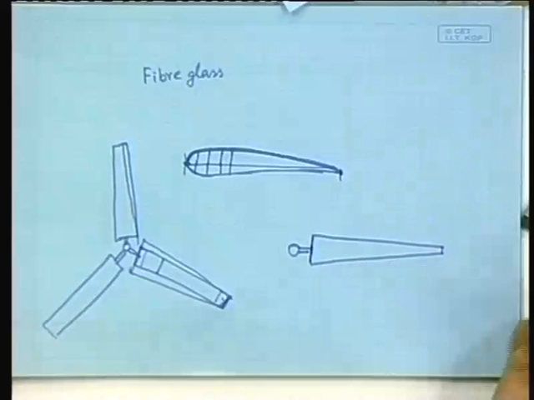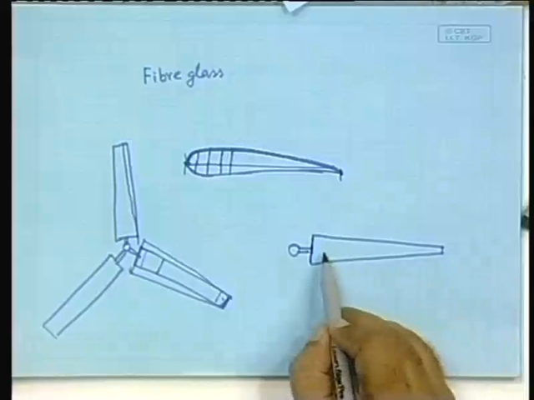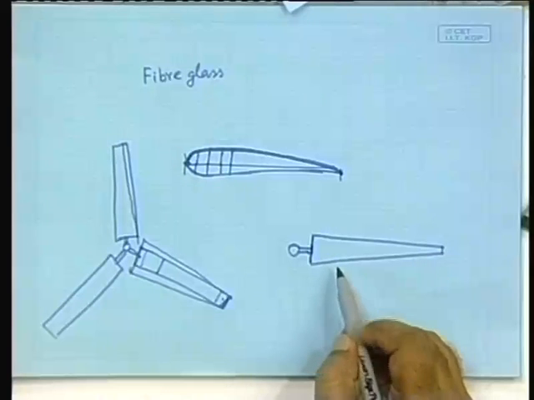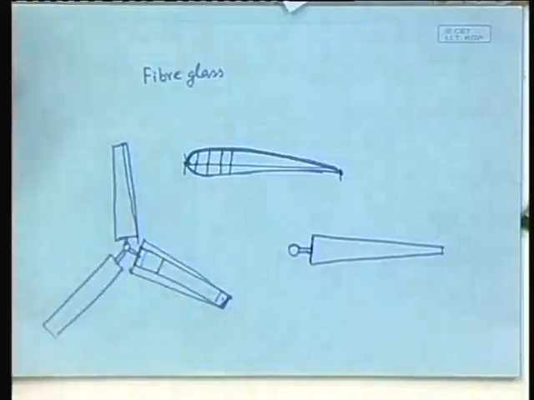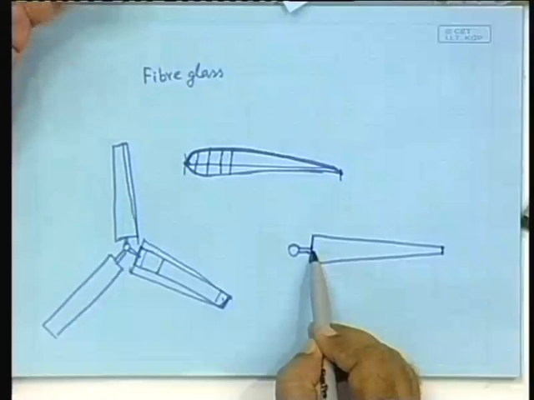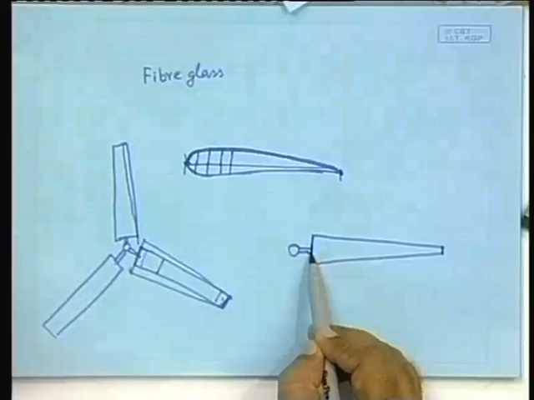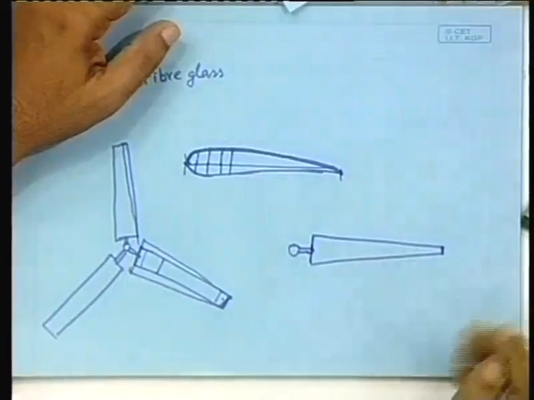Now, how to calculate this taper, how much should be the taper, that is dictated by the structural strength of the blade. How much bending stress can it withstand, because you really cannot design the blade so that the torque and the thrust produced by this point and that point would be the same. If you do that, it will be awkwardly shaped, as I told you in the last class.